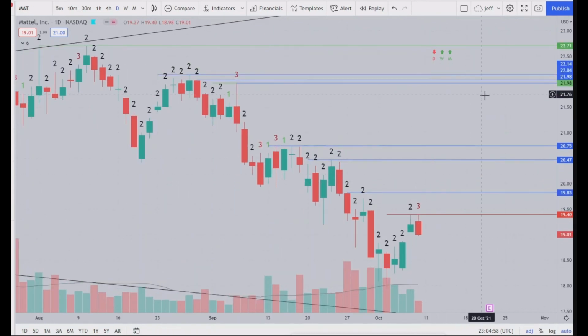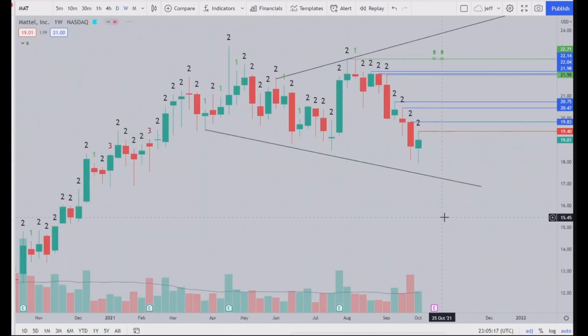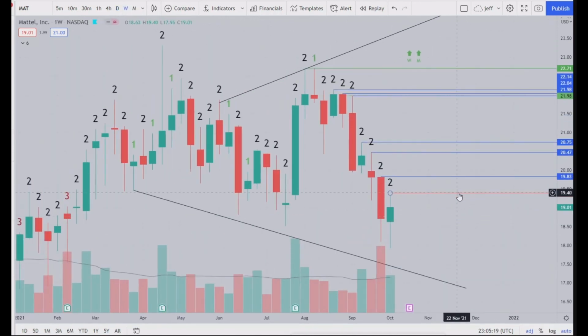But with all the triggers, what I'll be looking for is a close on the daily above the level, and then I'll let it run and scale out into the pivots above. I'll be keeping my stops. If it breaks the trigger, I'll have my stop probably 2 to 3% below.